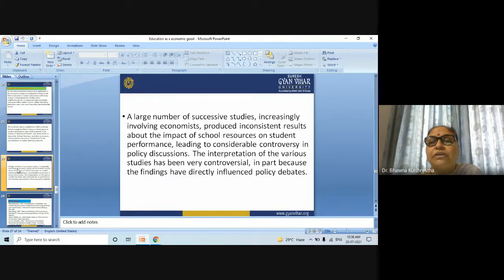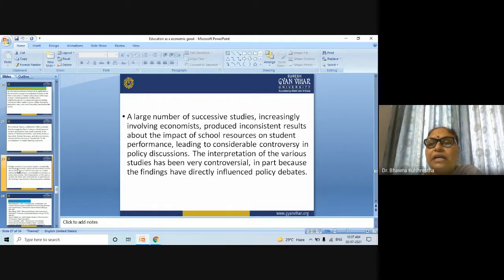The overall question is whether added funds to schools are likely to produce higher achievement, or whether money does not matter.